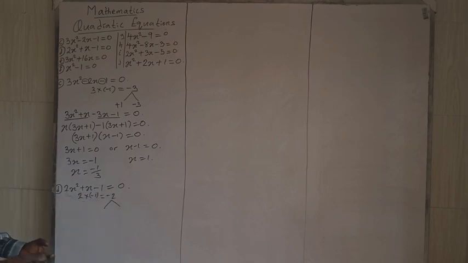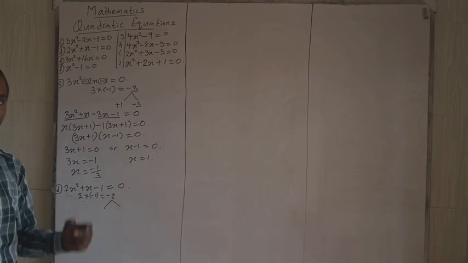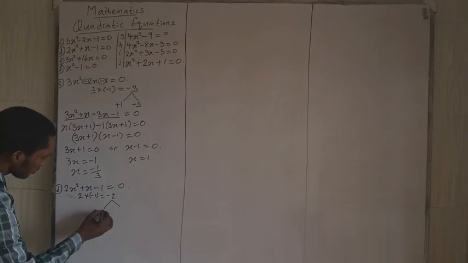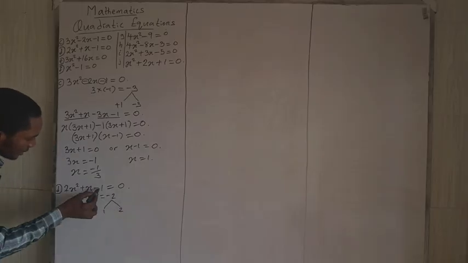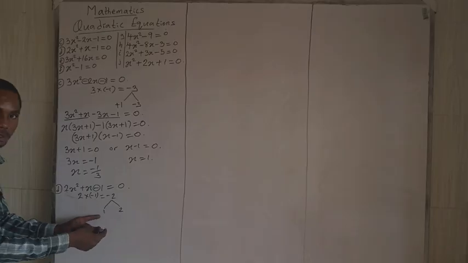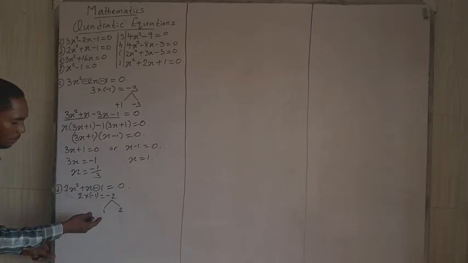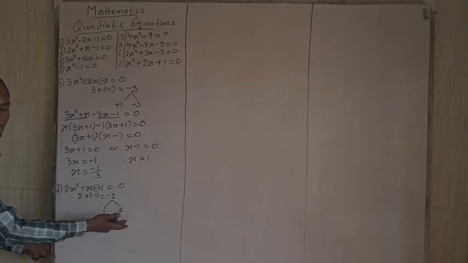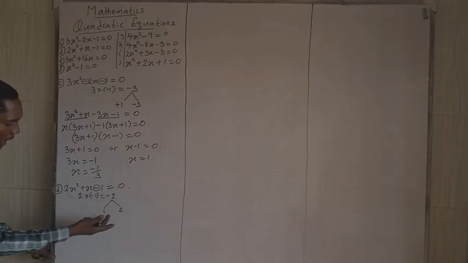So it's also a prime number. That means that it has only two factors, 1 and itself. But we have a negative sign here. That means we are going to have plus and minus. Either one will be minus and the other will be plus. If one is minus, this will be plus. And if this is plus, this will be minus.